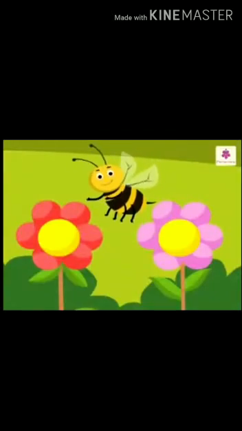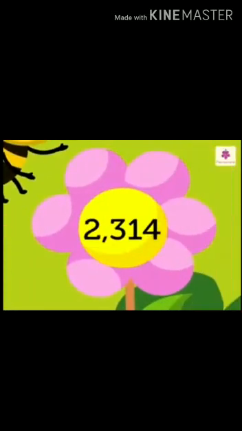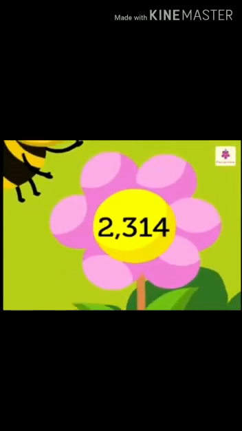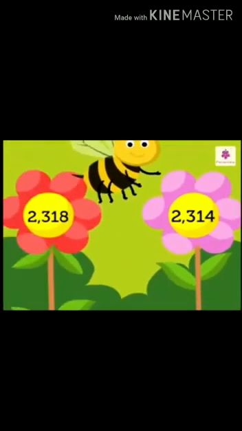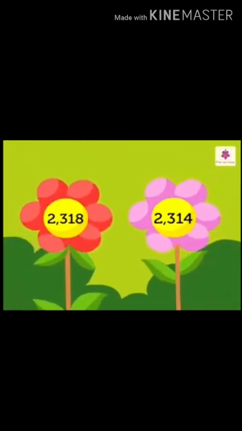Now let us try one more example. Okay, here the number is 2318, comparing with 2314. First the thousands place, both the twos are same. Next in the hundreds place, both the 3s are same.